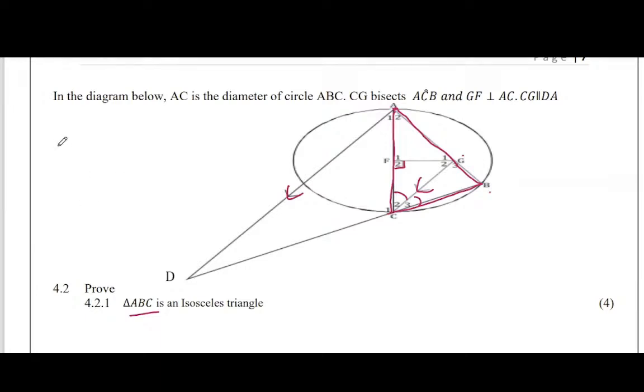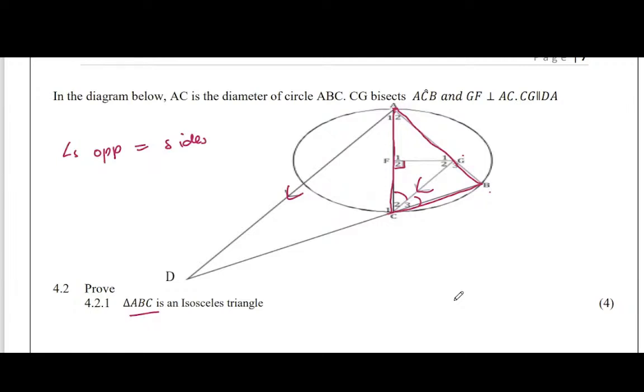In other words, is that theorem that says the angles opposite equal sides. So if the sides are equal, which means the angles must also be equal. Okay, so how do we prove that ABC is isosceles?